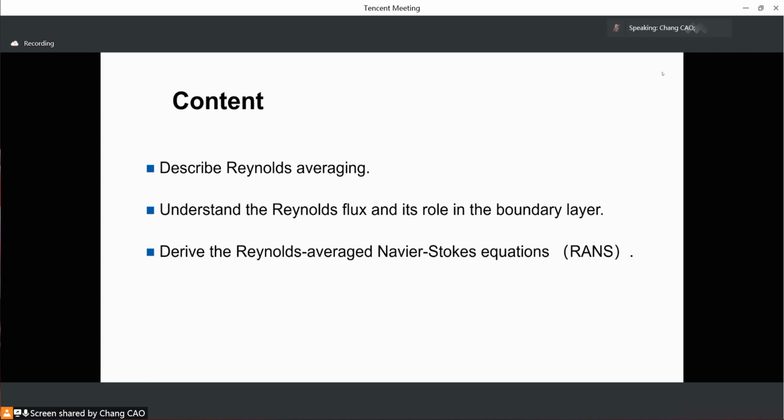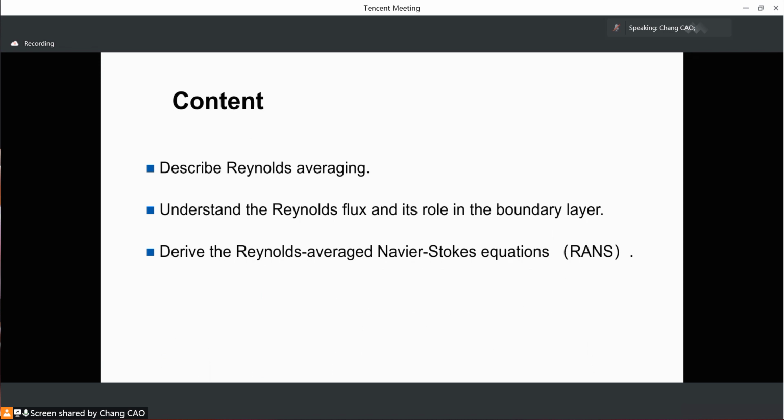In chapter 2, there are 3 parts. Firstly, we will describe Reynolds averaging. Secondly, we want you to understand what Reynolds flux is and what its role is in the boundary layer.